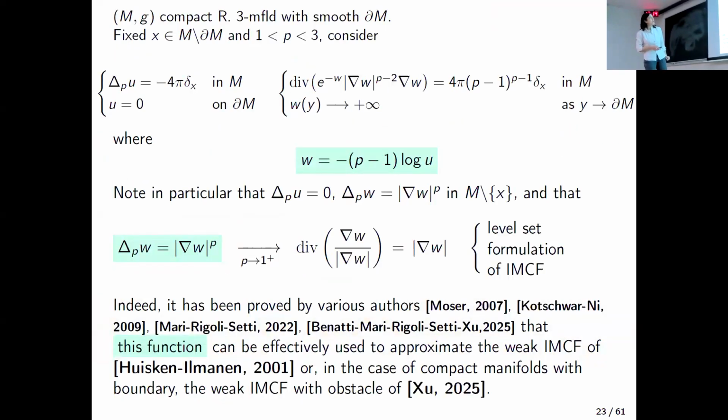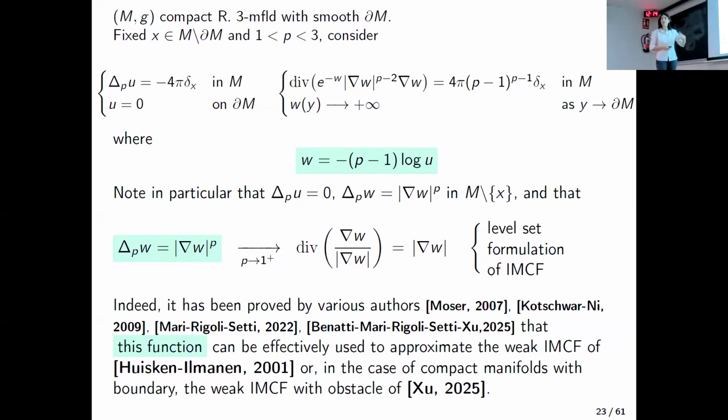Okay, so let me now recall another important connection, because through this correspondence we will be able to derive formally from the p-harmonic masses the one-harmonic mass.